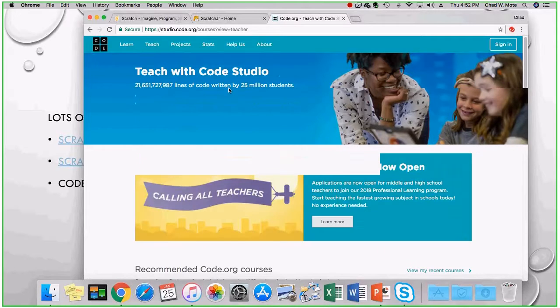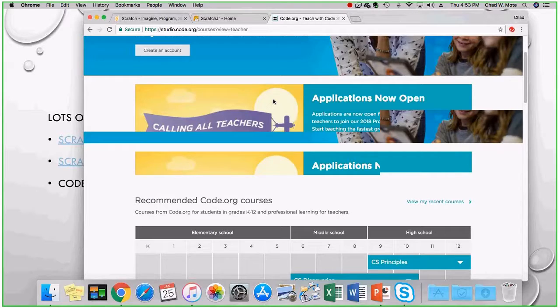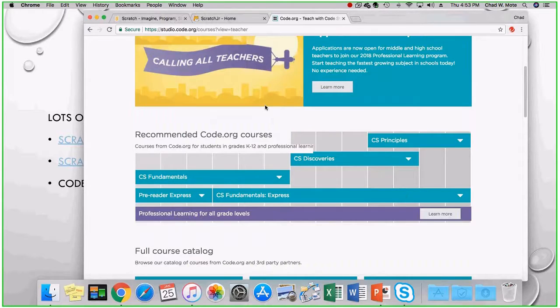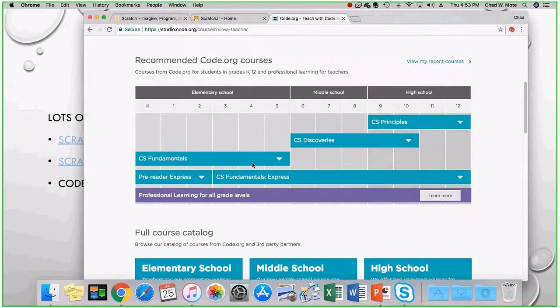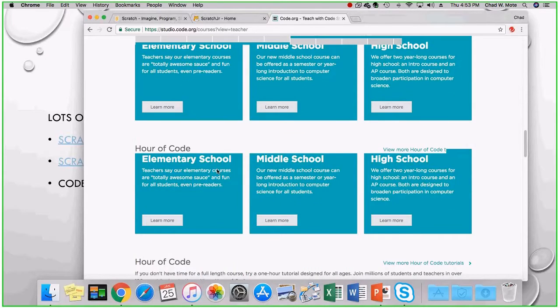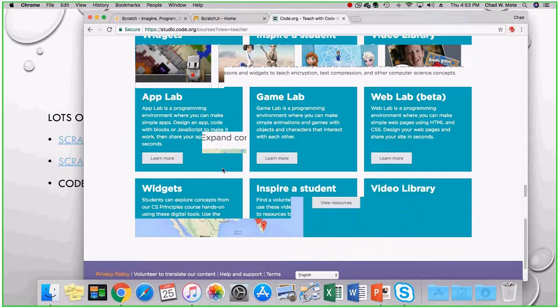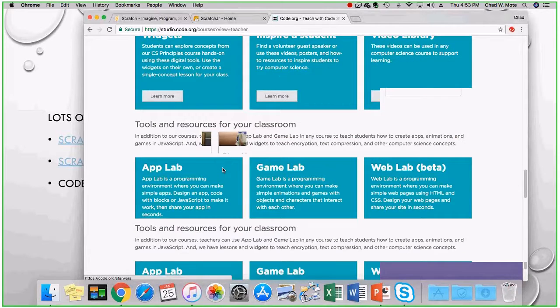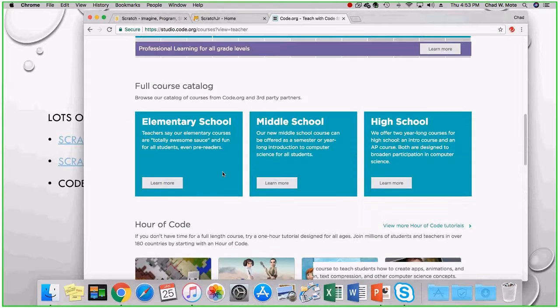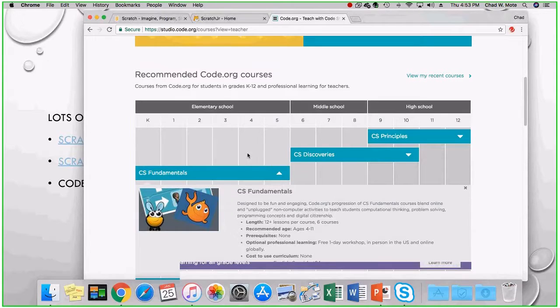Going straight to the teach button. These are courses that are ready to go. They are already made and one can download those. There are guides to help teachers. There are activities that are set up, and there are actual courses online for kids to do.